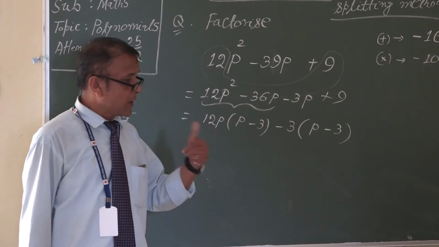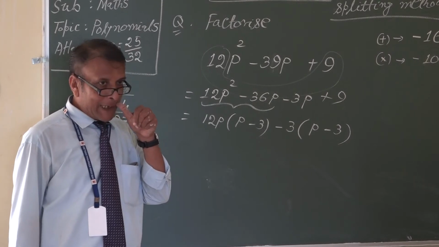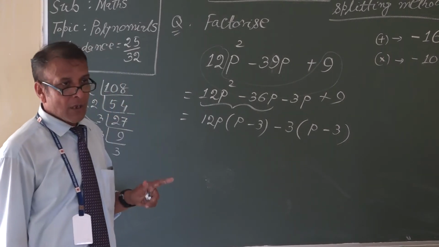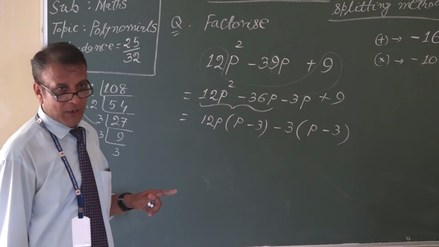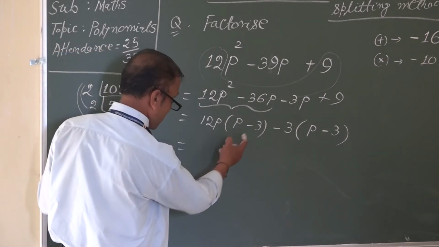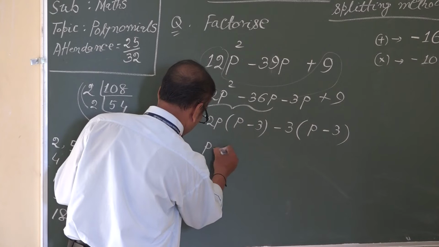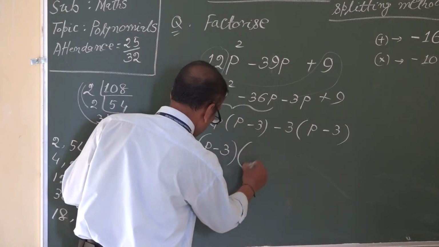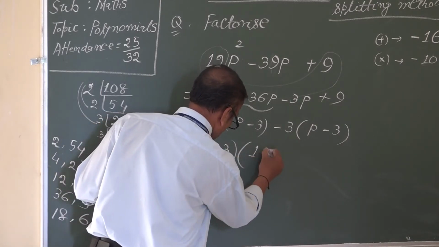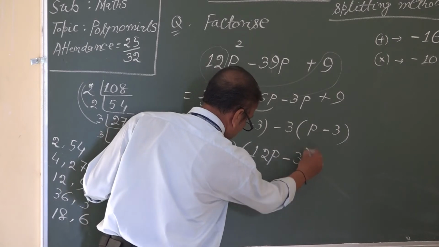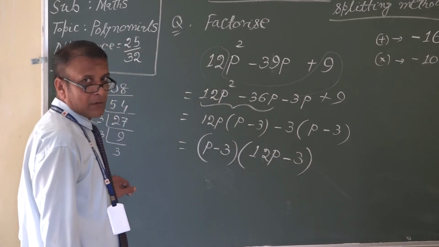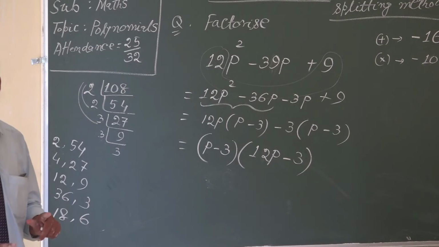If it is not equal, then you will think that you have made a mistake somewhere. So now this is equal to p minus 3 into 12p minus 3. Right? Answer you got?